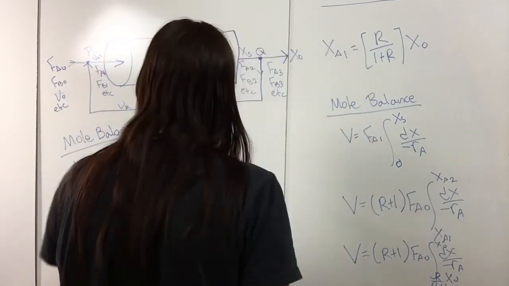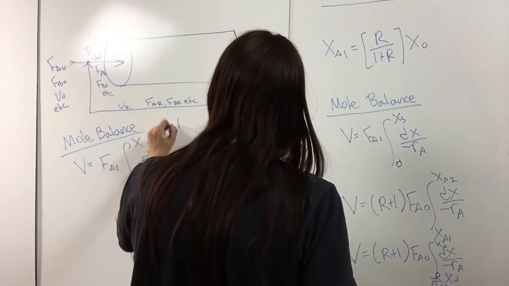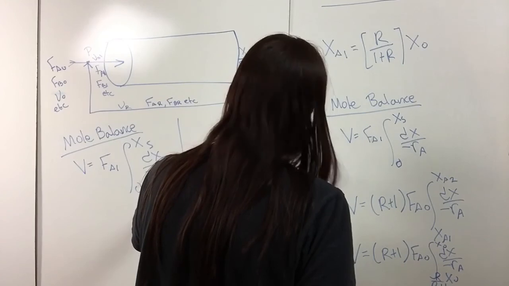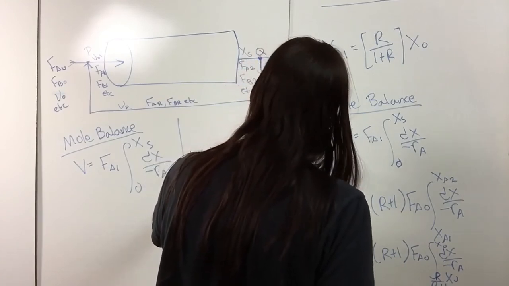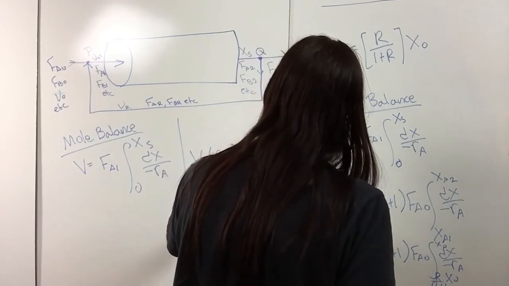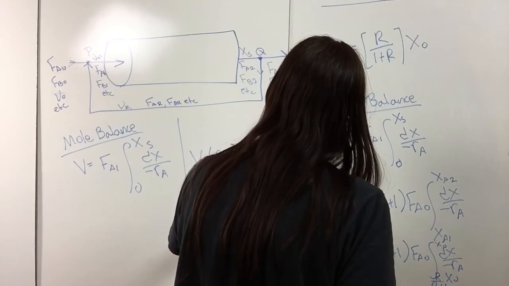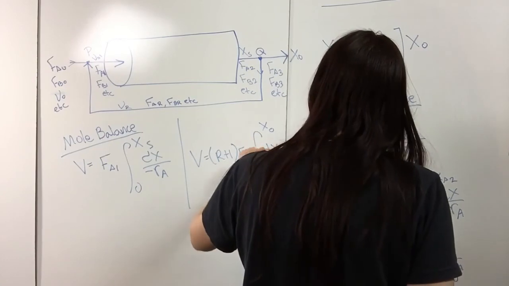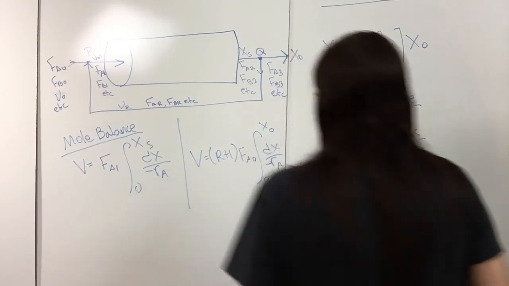And for the second one, V is equal to R plus 1 FA naught, integral from R over R plus 1 X naught to X naught of dx over minus RA.